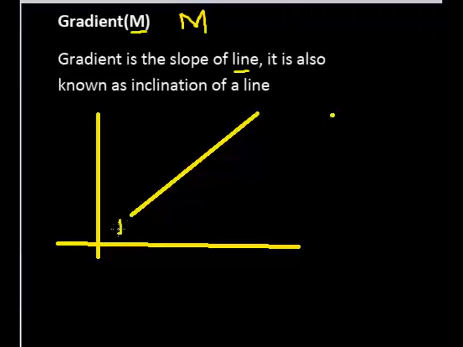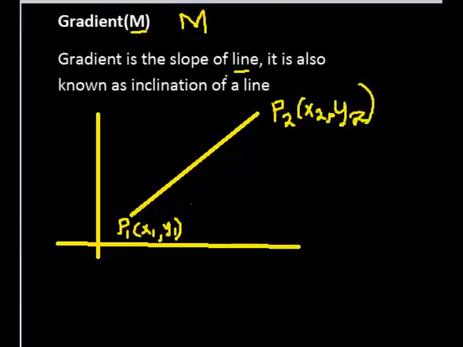Now we have the initial point P1, which is x1, y1, and the final point P2, which is x2, y2. Discover the change we have here. From here to here is the change in x, horizontally, and from here to here is the change in y.